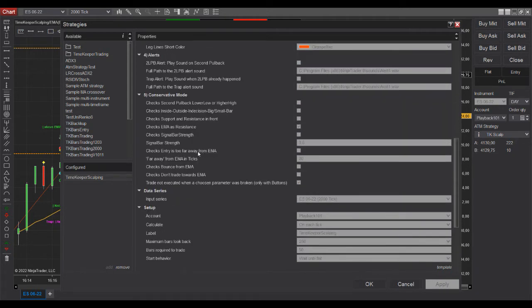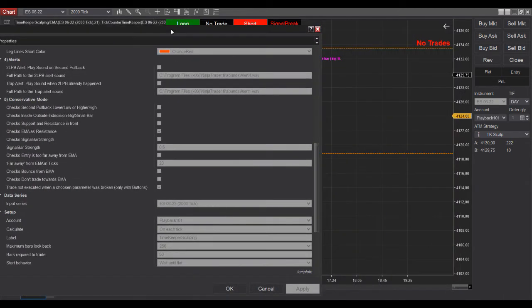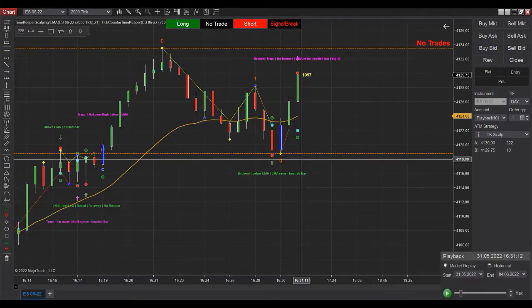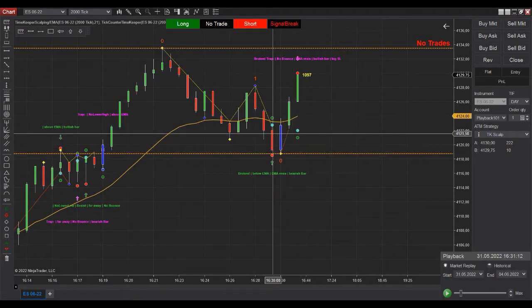Let's go here: support and resistance, the candles, EMA as a resistance. The signal bar strength can also be checked, and you can put in a value in percent. So it's here 60%, meaning your signal candle must be, for example, for a long setup, bullish.